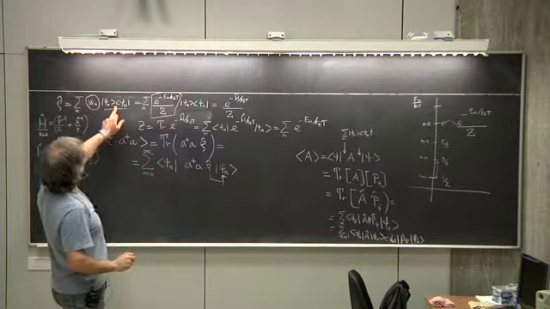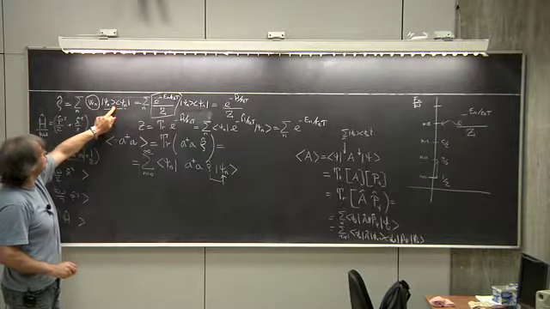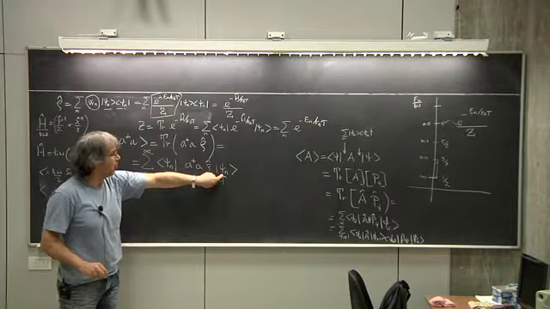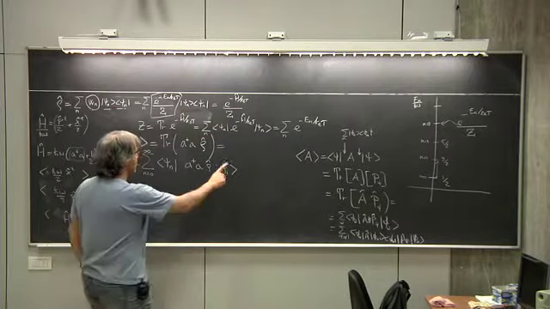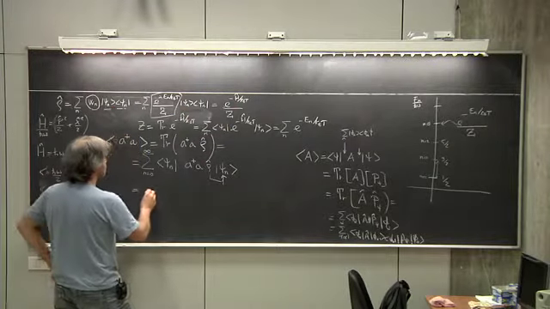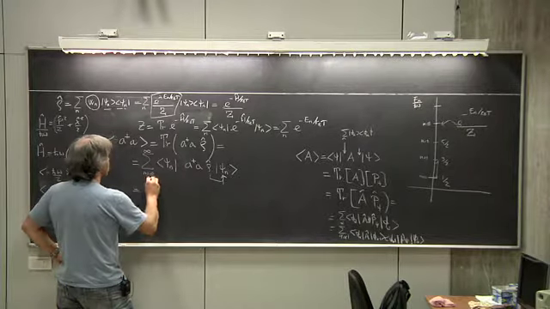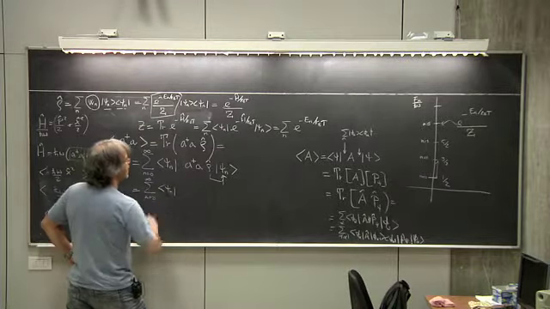You can see from this expression also that this is just a sum of projectors exactly on those states. Therefore, this object here is the sum over n from 0 to infinity of psi n.